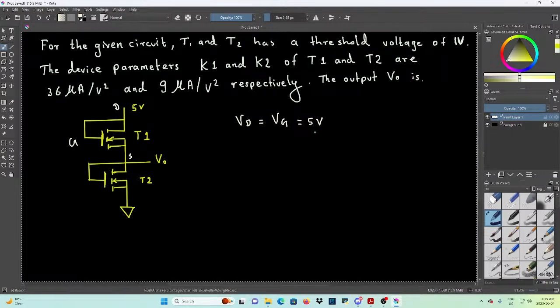The voltage at the source is equal to VO, and this voltage at the source is exactly the voltage we are going to have at the gate of the second one, but let's look at the second one later. Let's deal with the first MOSFET only, that is the first NMOS.